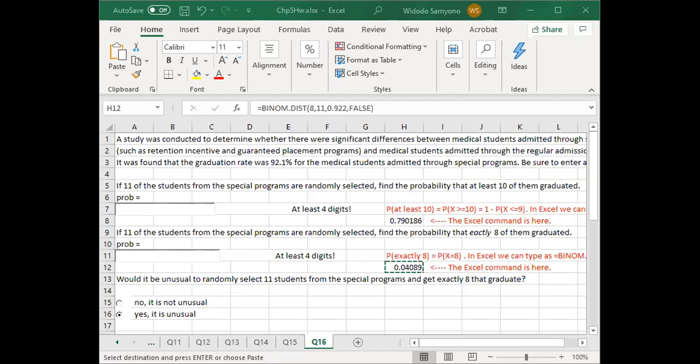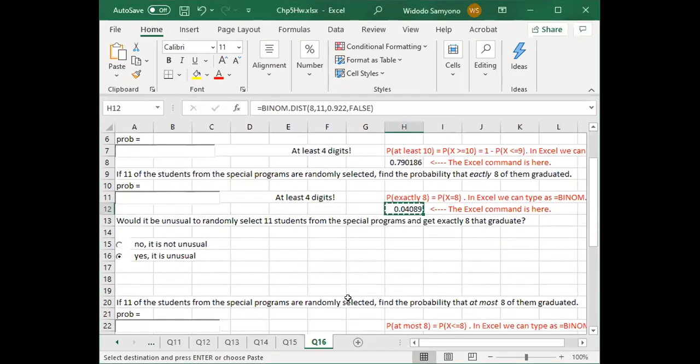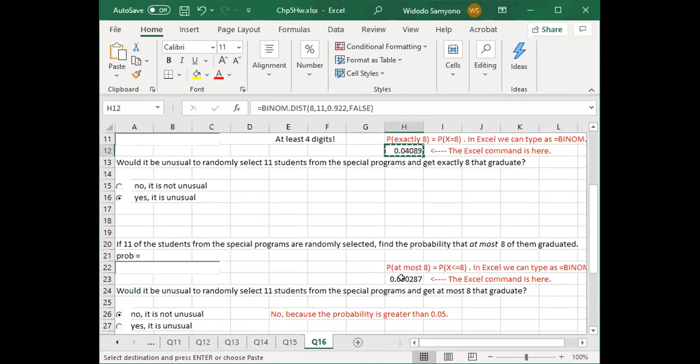So you need to go to the Excel. At most means it's less than or equal to n. Again, you just need to change the probability.